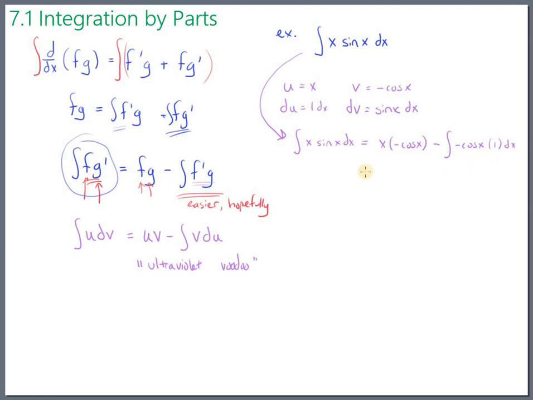So let's finish cleaning this up. So this is a positive times a negative, so it'll be negative x cosine of x, double negative here, so that's a plus the integral of cosine x dx. And now we can finally see, yes, that is indeed a much easier integral than the one we started with.